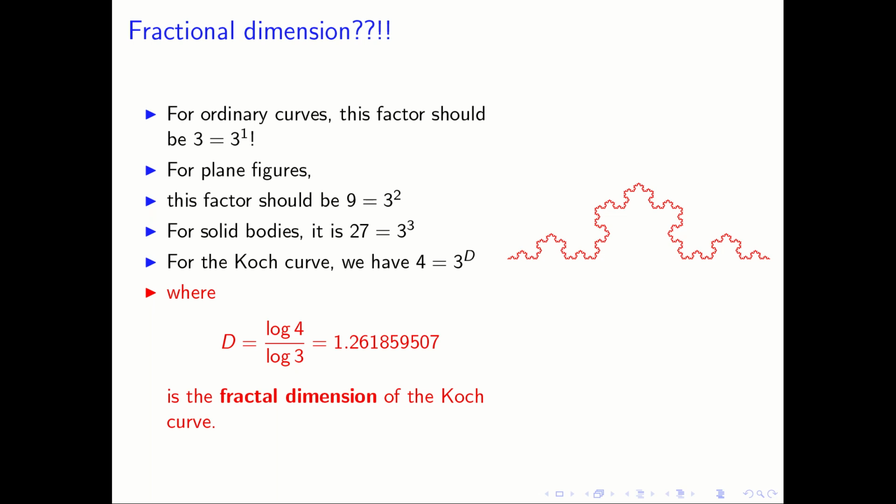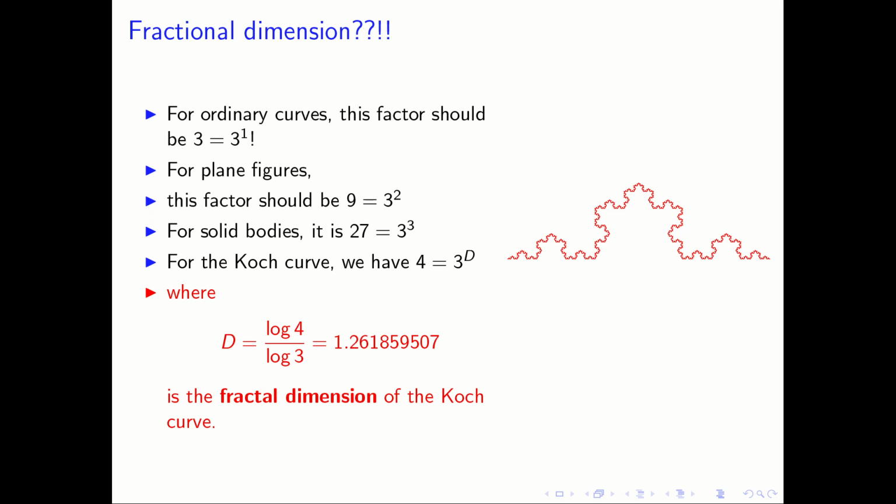You notice that this is not an integer, so this is very different from the kind of dimensions that we usually think about. In fact, the kind of dimension that we usually think about is technically called topological dimension, and the technical definition of a fractal is any object whose fractal dimension, defined this way, differs from its topological dimension.